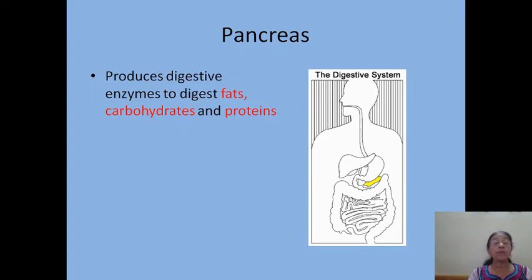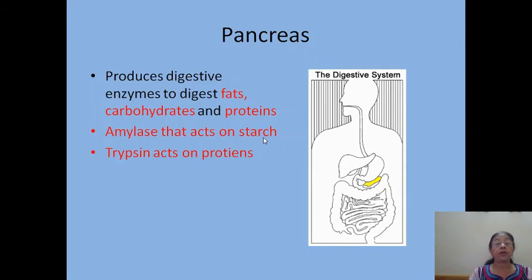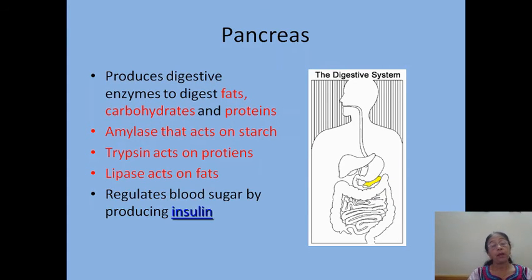Pancreatic juice has various enzymes to digest fats, carbohydrates and proteins. Amylase is present in the pancreatic juice, and it acts on starch. Trypsin, another enzyme, acts on proteins. Lipase acts on fats. And another function of the pancreas is to regulate the blood sugar level by producing a hormone called insulin. Okay.